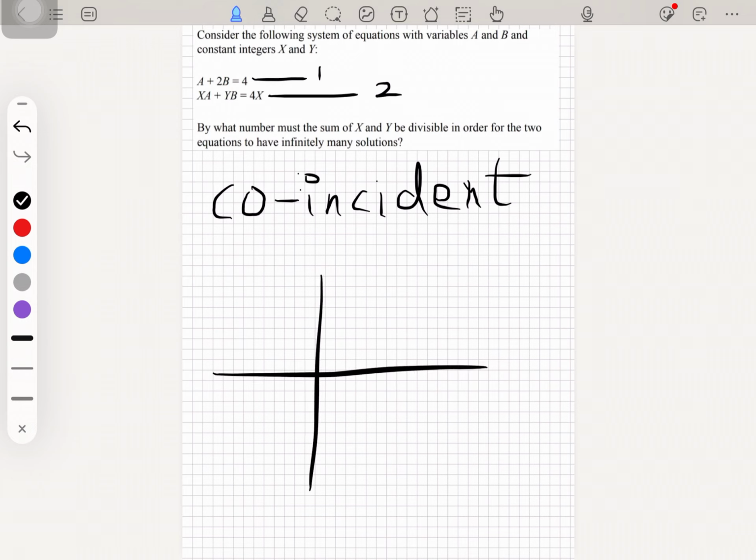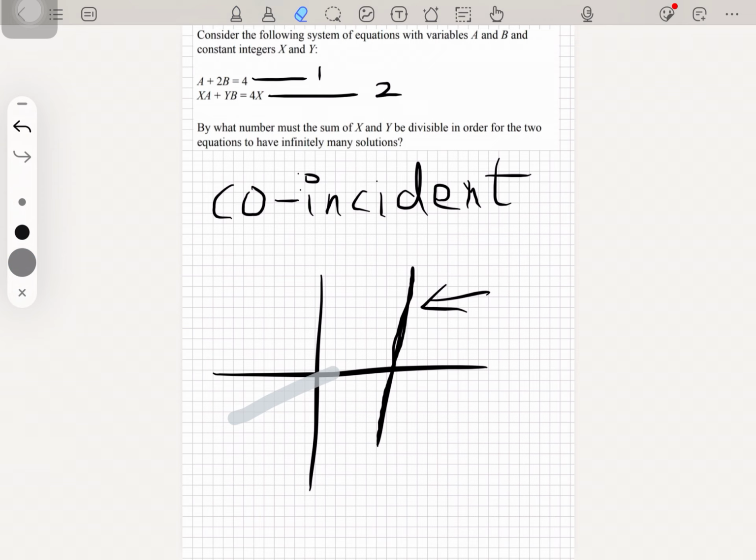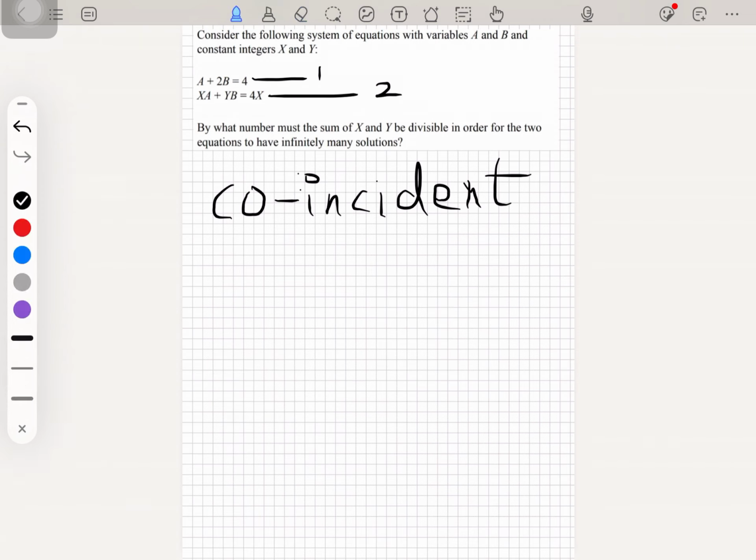So if you look at a graph, if this is line 1, then the other line 2 will perfectly go on top of each other. Basically the same line. But then they can have kind of different equations. I'll give you an example.